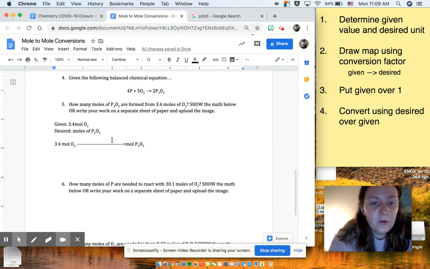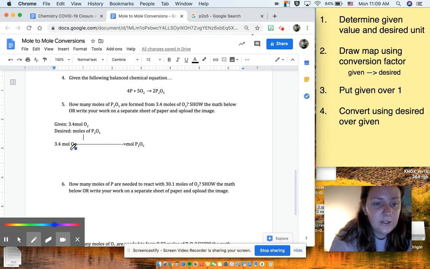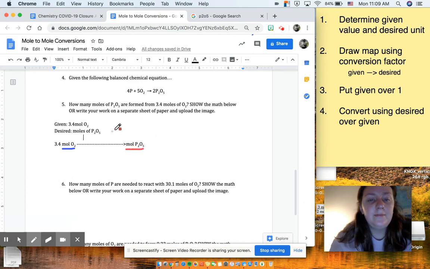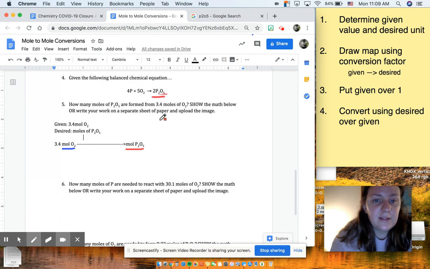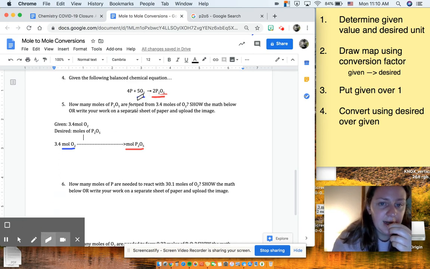We're comparing moles of O2 and moles of P2O5. I'm going to, again, pick colors for each. Let's say moles O2 is blue and moles of P2O5 is red. So I'm going to underline my P2O5 in my balanced chemical equation, and I'll underline my O2 in my balanced chemical equation. And then from there, it's pretty easy to see, right, how they're related.